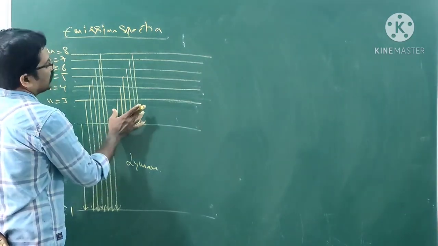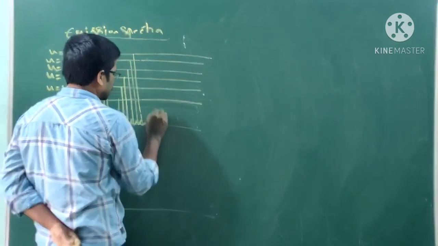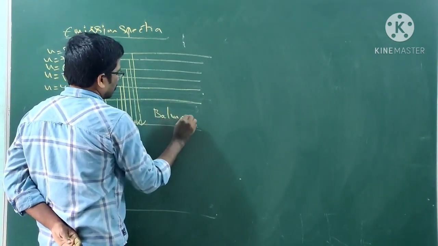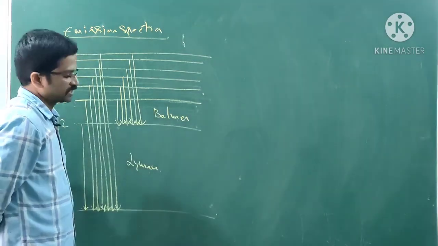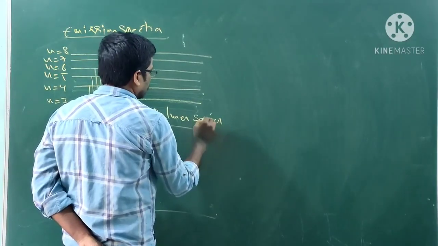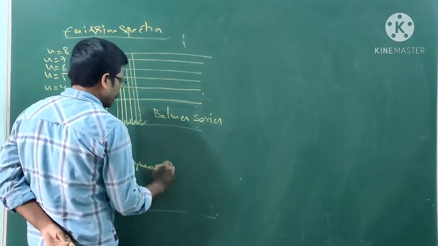These lines are known as the Balmer series. These lines are the Balmer series. These lines are the Lyman series.